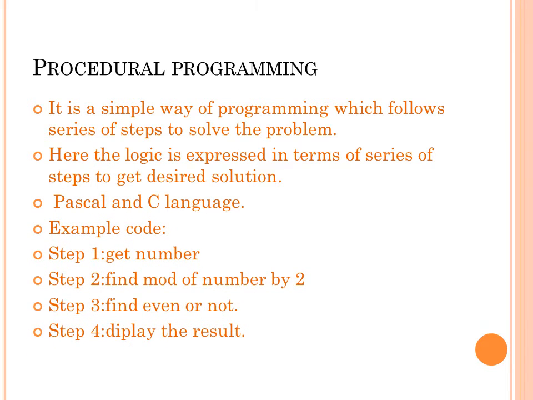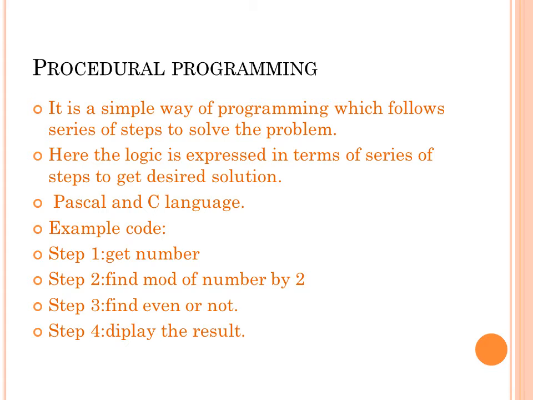So you can see an example code there. In order to find whether a number is even or odd, the first step is to take the input, that is, getting the number. I have written it in very formal language, so need not consider that the program will be in the same manner. So first you are getting the number from the user, that is the input part.